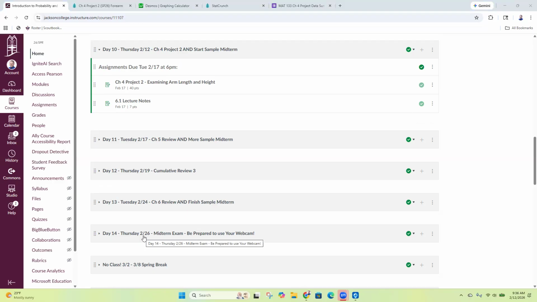Now, if you take it Friday the 27th, the testing center's hours are shortened, because it's that way every Friday. Normally they're open from 10 a.m. until 6 p.m. If you take it on Friday the 27th, they're only open from 10 to 2, and you'll want to make sure that you get an appointment so that you don't show up and they don't have a spot for you, because that's your last chance to take it.